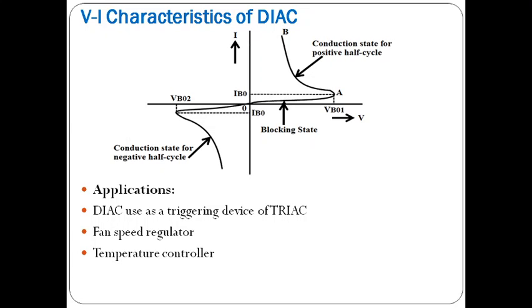Why? Because the TRIAC circuit requires a trigger pulse from the gate terminal, so that can be provided by the DIAC circuit. Yes. So this DIAC can be used as a trigger device for the TRIAC circuit. This is about the DIAC.